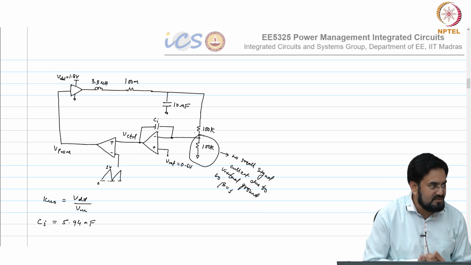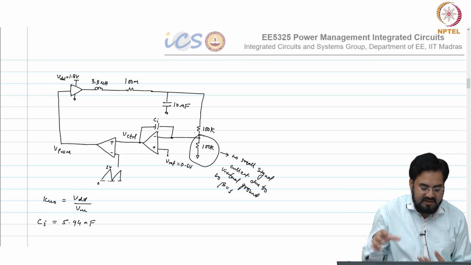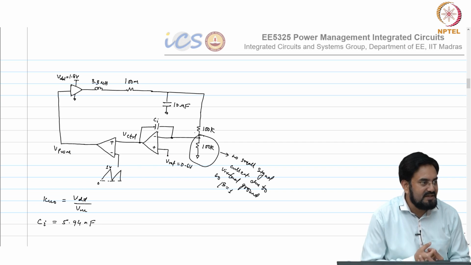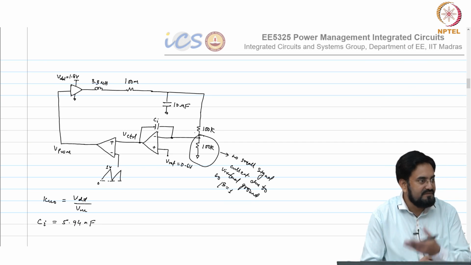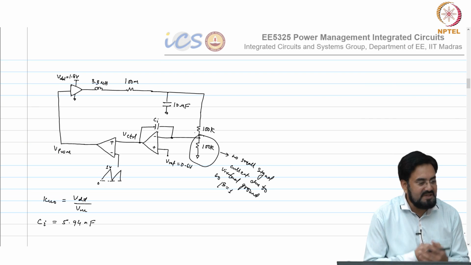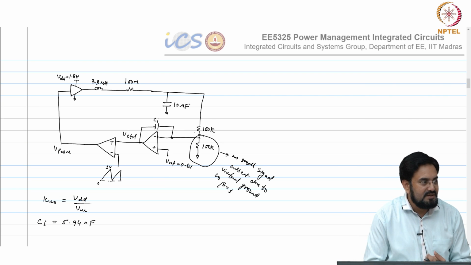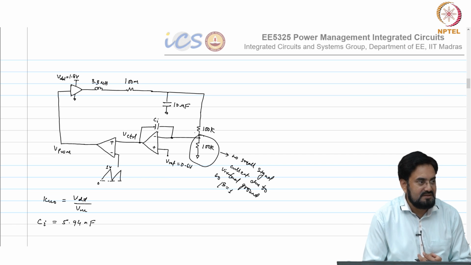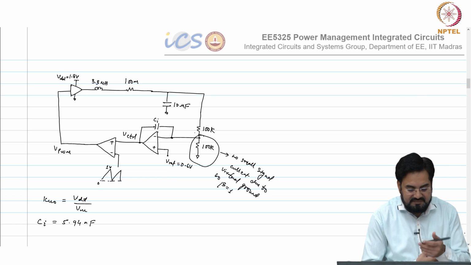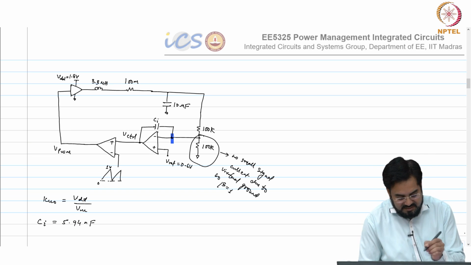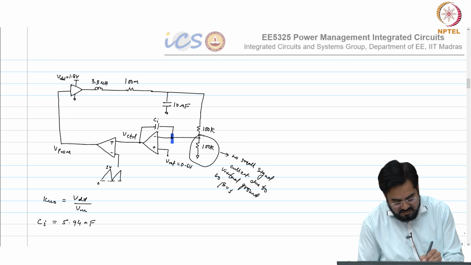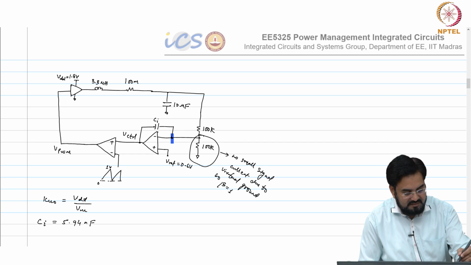You can choose mega ohm, that is not a problem, but if you are integrating on chip, then this resistor will take a lot of area, tens of mega ohm. With an off chip resistor it is fine, but the problem is that when you go off chip, it has more tendency to pick up noise from the external environment, and if this resistor value is very high, then this node becomes more sensitive, okay.